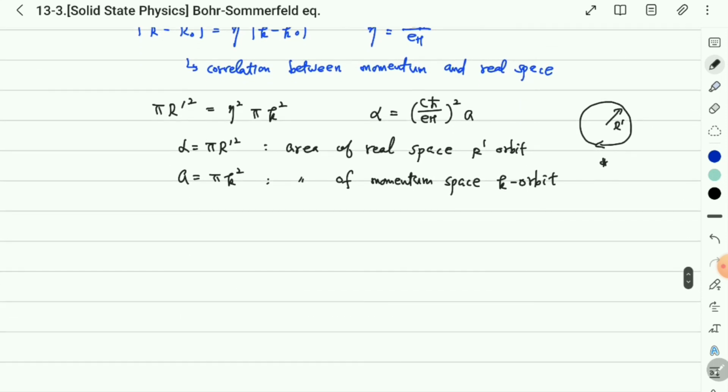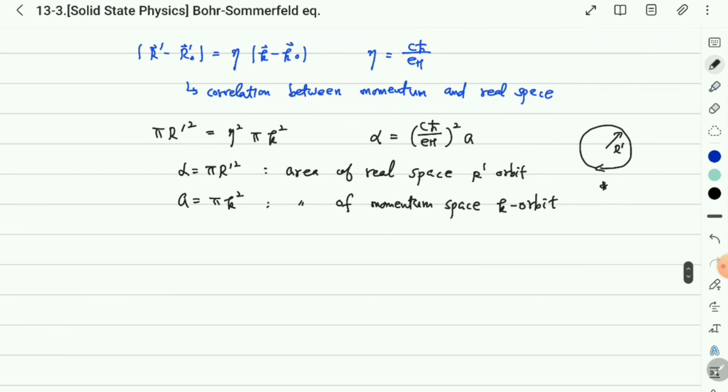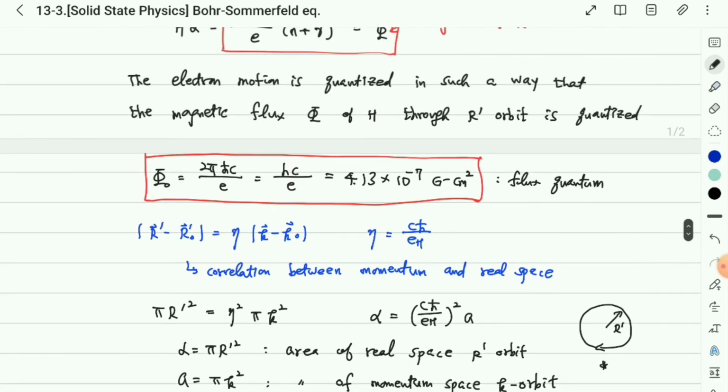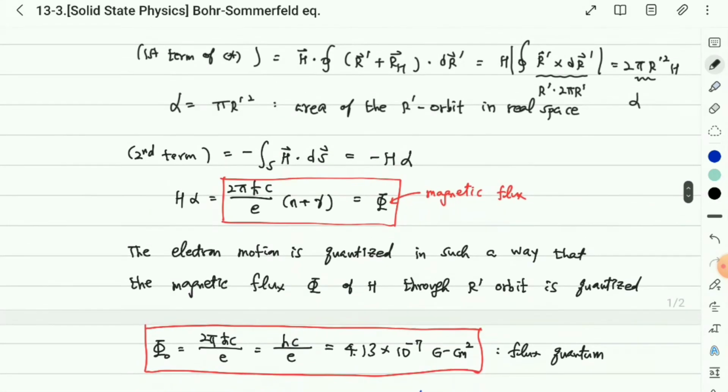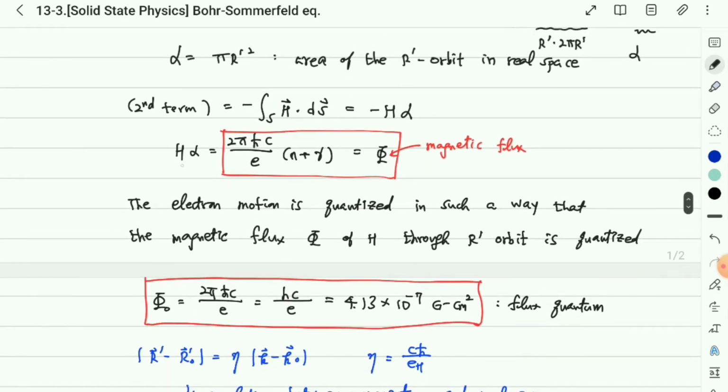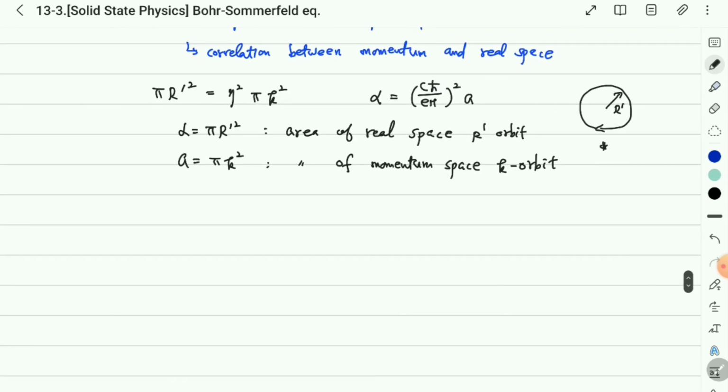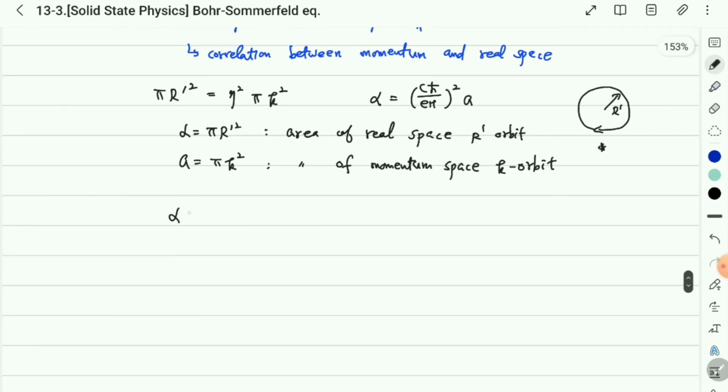Therefore, from this relation, and also because we know that alpha is quantized above, alpha is quantized. When you write it down, alpha is 2 pi h bar c over e h, times n plus gamma. The real space orbital motion is quantized. Therefore, momentum space is also quantized.